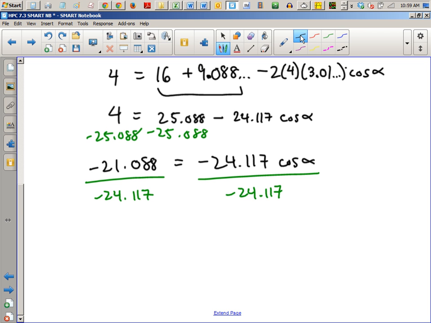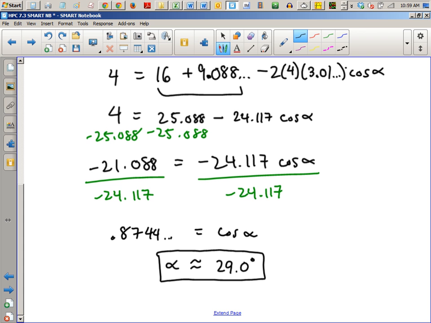Positive, right? 0.8744. And then we do an inverse cosine. I'm getting 29 degrees, right on the money actually, 29.02. So 29.0 is my angle.